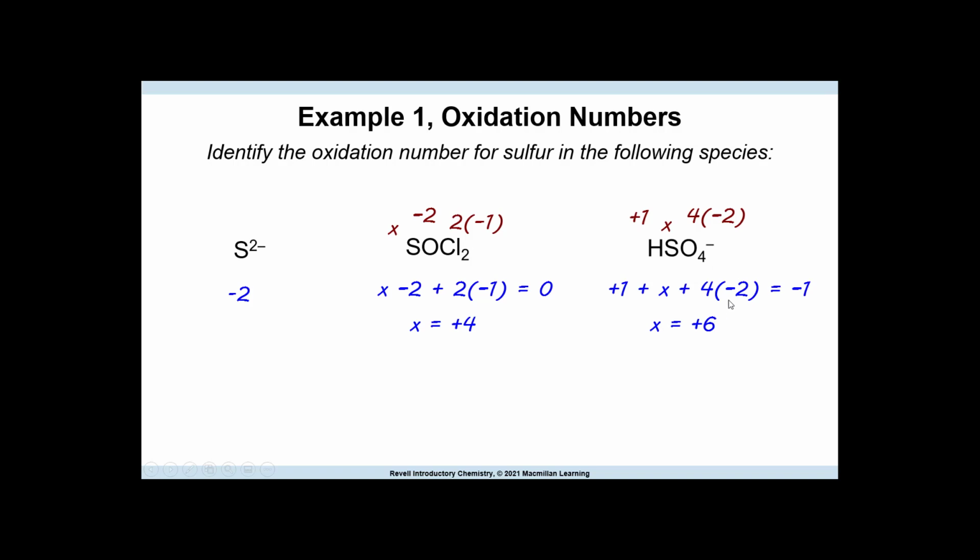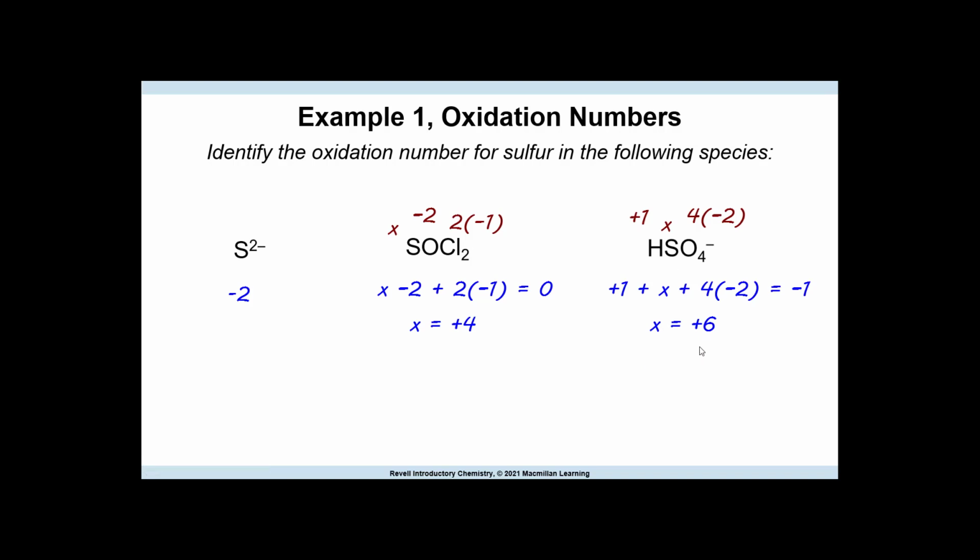So we have 4 oxygens with the oxidation state of -2. Add everything together. Move it onto the other side. So let's see what this is. We have a -8. Plus 1 is -7. But when we move it over, it's going to be a +7 minus 1 equals +6. So in this case, the sulfur was a +6.